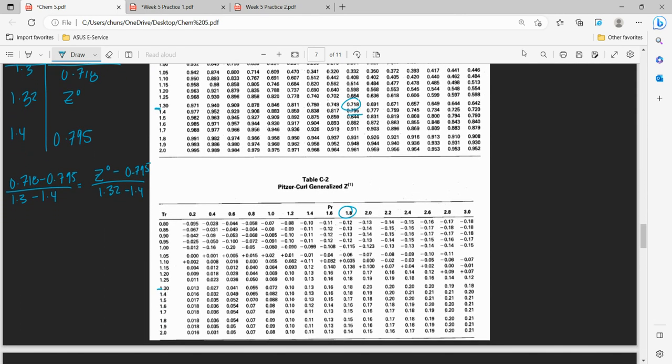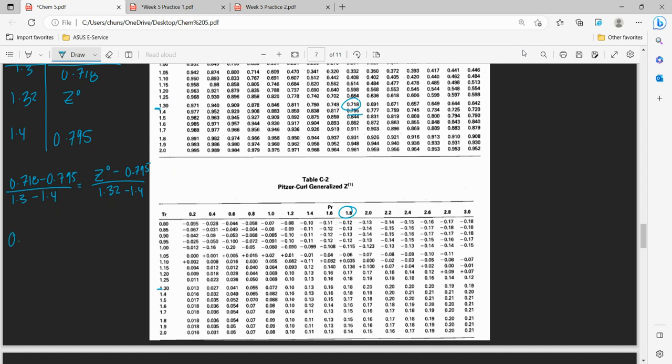Let's calculate our left side because we have that given to us. So this is equal to (0.718 - 0.795) divided by (1.3 - 1.4). Hold on, 0.718 minus 0.795, divided by (1.3 - 1.4).